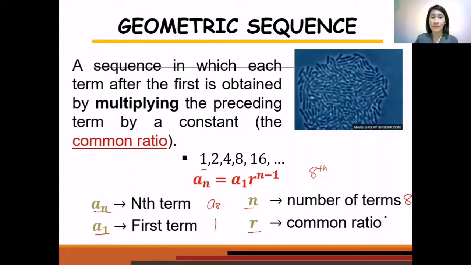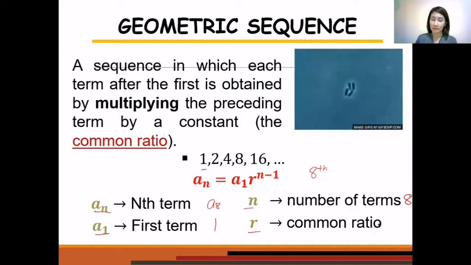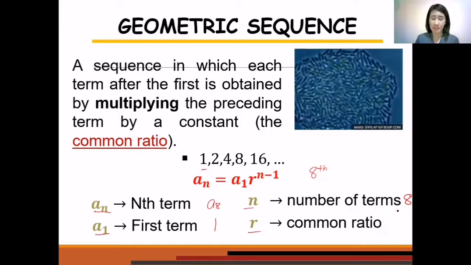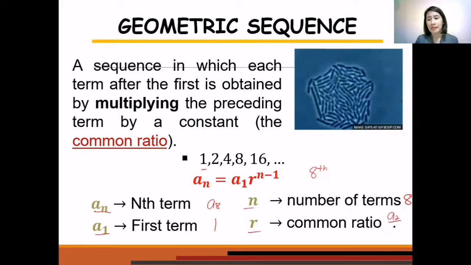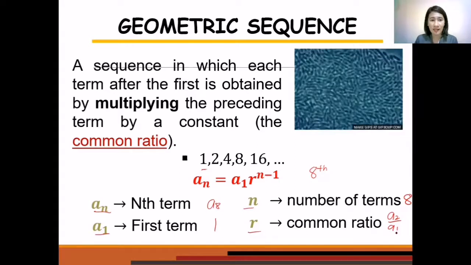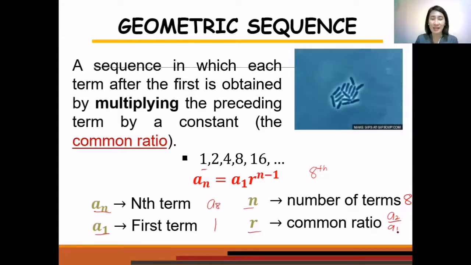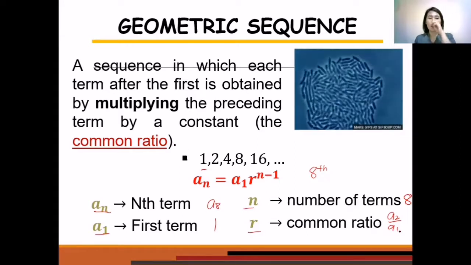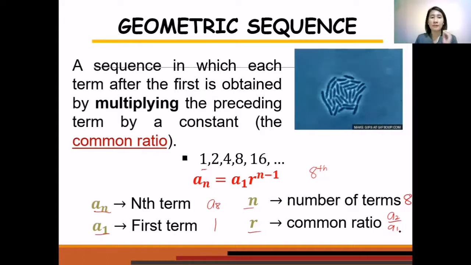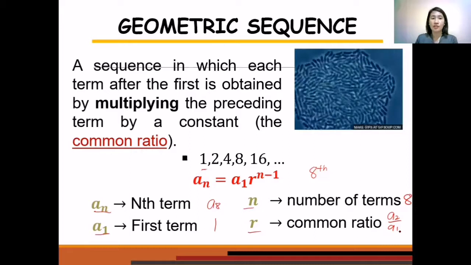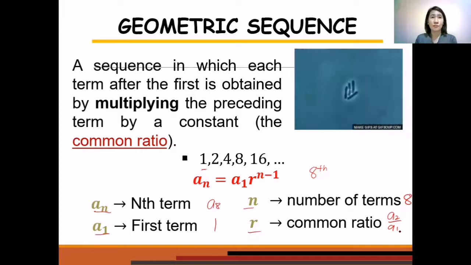Kanina, common difference, we subtract a sub 2 by a sub 1. Common ratio naman, from the term itself, ratio, we are now dividing. So we will divide a sub 2 by a sub 1 or any succeeding terms. As mentioned a while ago, any succeeding terms. So you can divide a sub 4 to a sub 3. You just have to remember that you should be dividing from right to left, not from left to right.